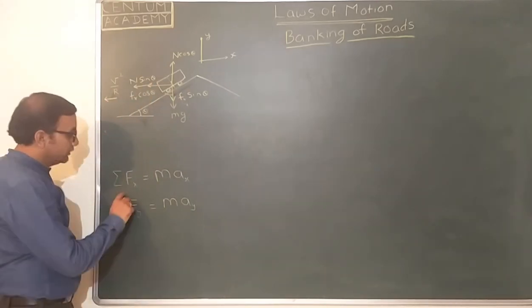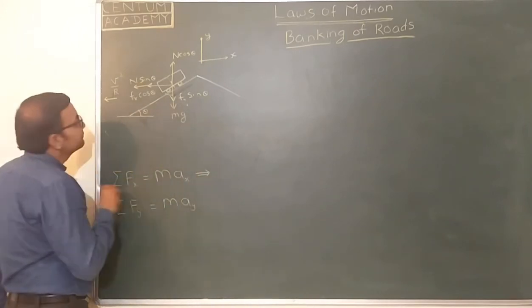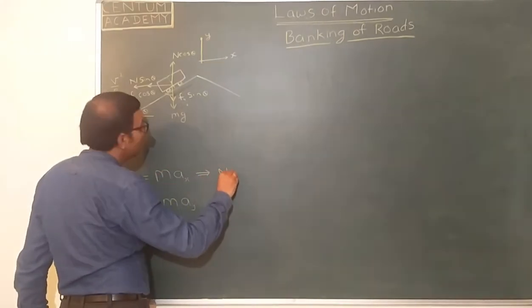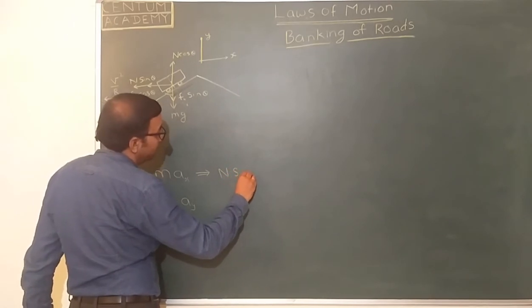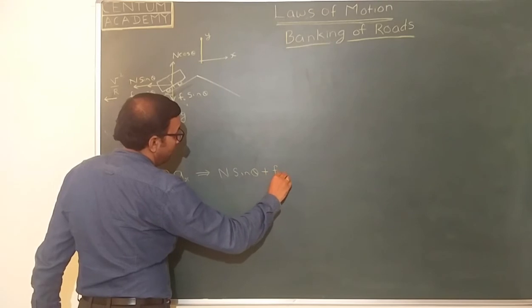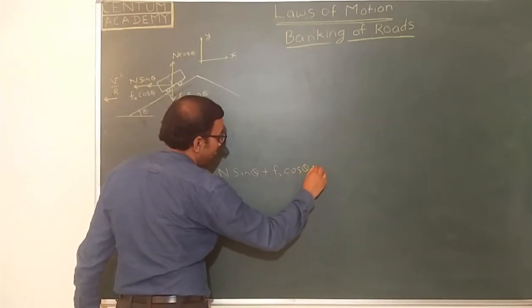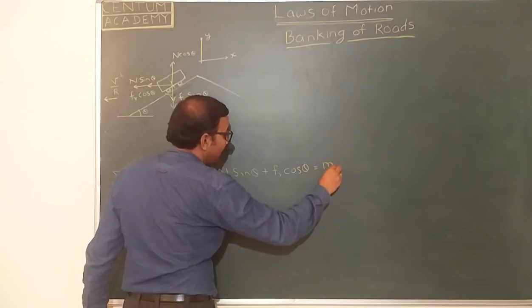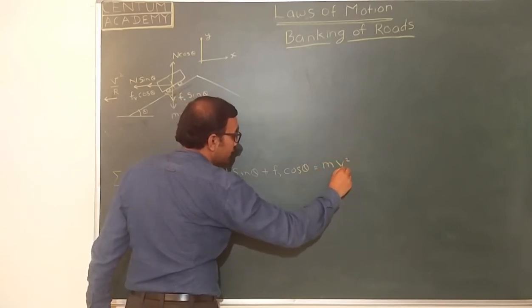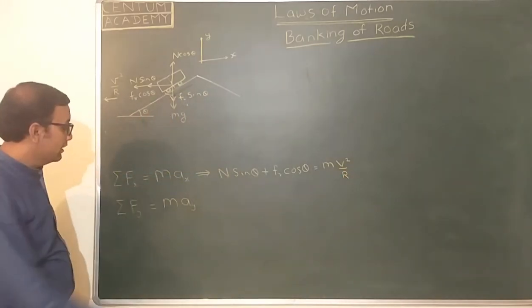Now this equation will give us n sin theta plus friction cos theta is mass times acceleration, which is mv square by r, right?